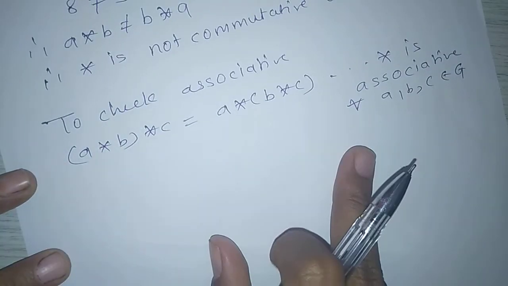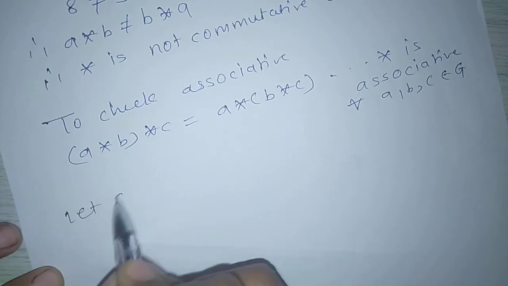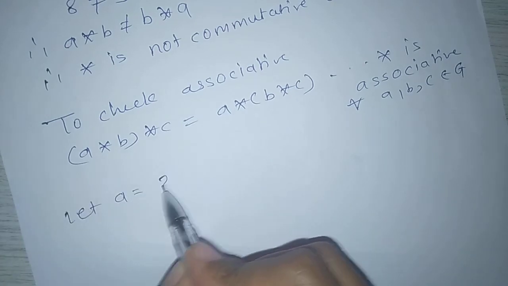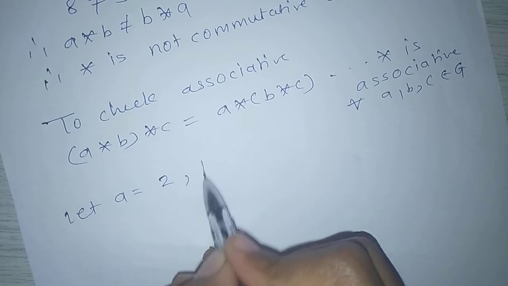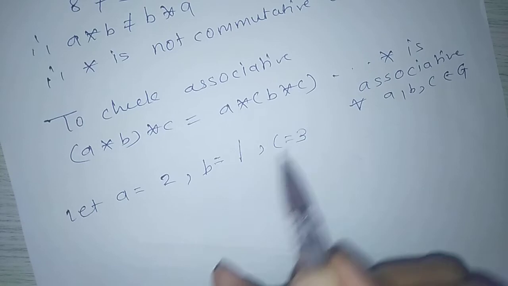This is the definition of associative. Let A equal to 2, B equal to 1, C equal to 3.